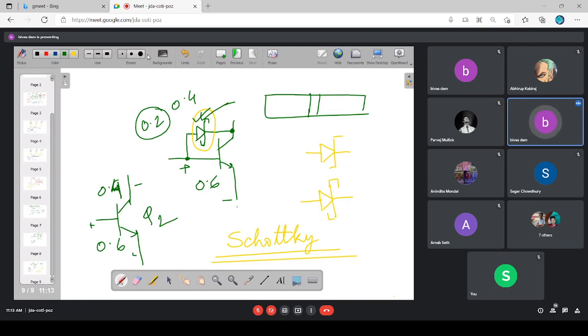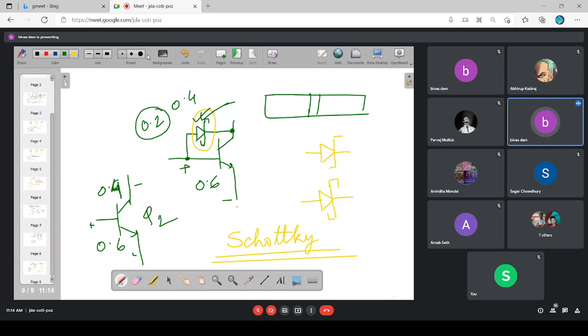That means my overall propagation delay of this particular TTL gate will be greatly improved if we can replace all the Q2, Q3 and Q4, all these three, by a corresponding Schottky transistor.